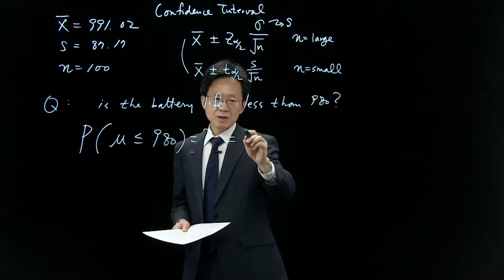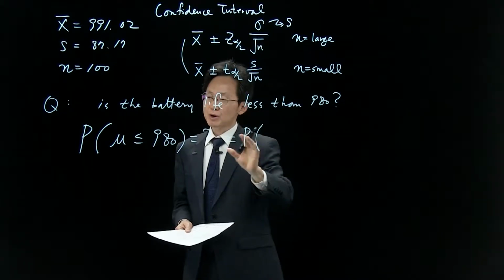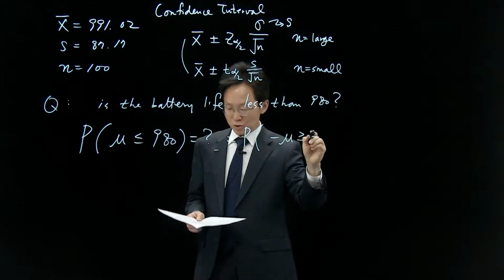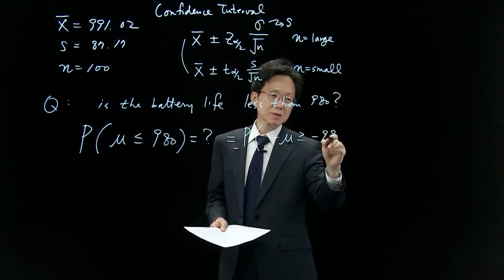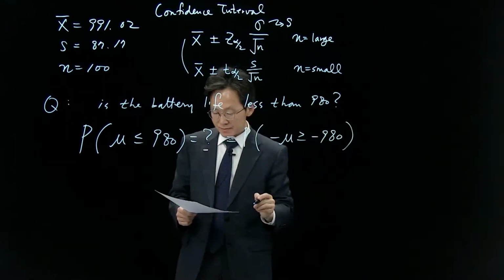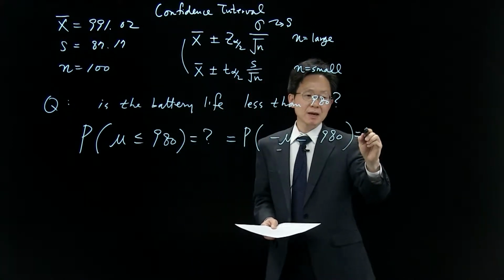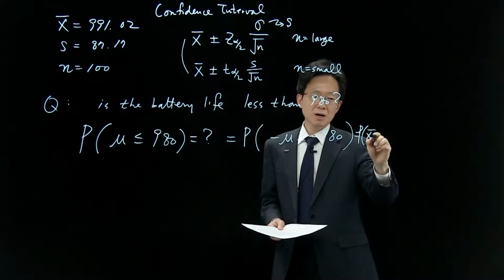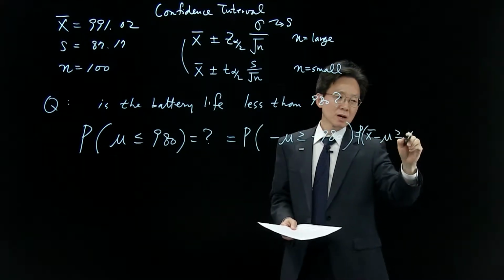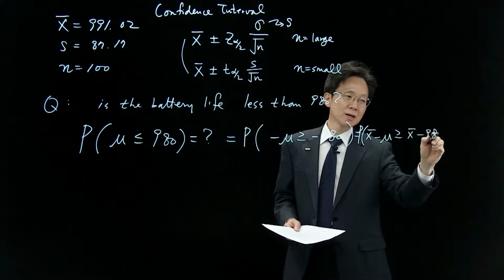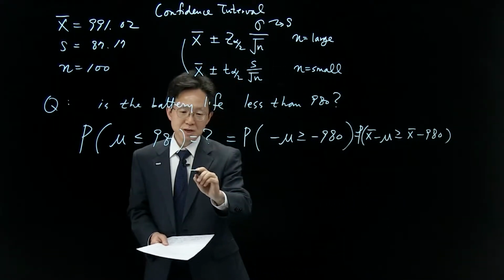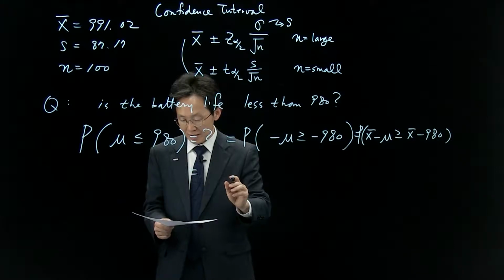If this is the case, then I want to multiply -1 on both sides. So we're going to have something like this, right? And then I add x bar here. So let's say probability x bar minus mu, x bar minus 980. And I also divide both sides by the standard error.